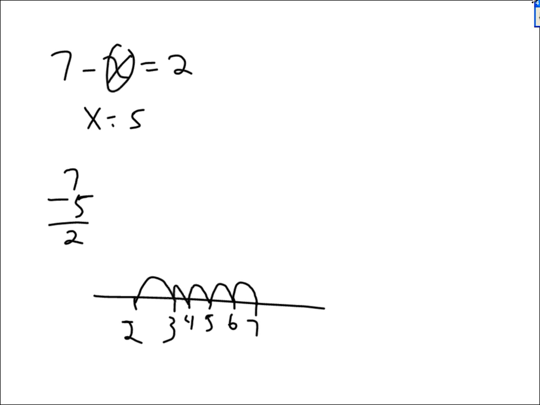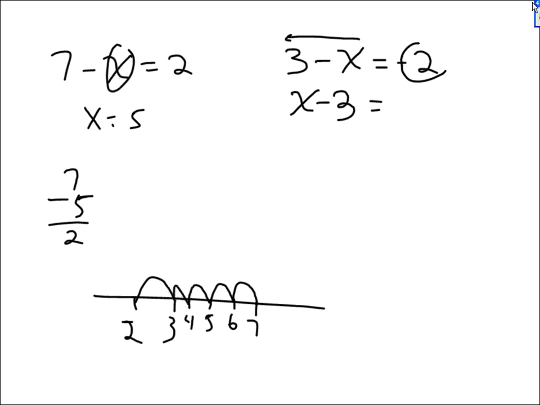Now, what if somebody asked, they said 3 take away x is negative 2. And you're like, oh my, subtracting and I get negative numbers, I don't like this. Fine. You don't have to like it, because you can rewrite it. If 3 minus x is negative 2, well, if I read it backwards, x minus 3, then I have the wrong sign.